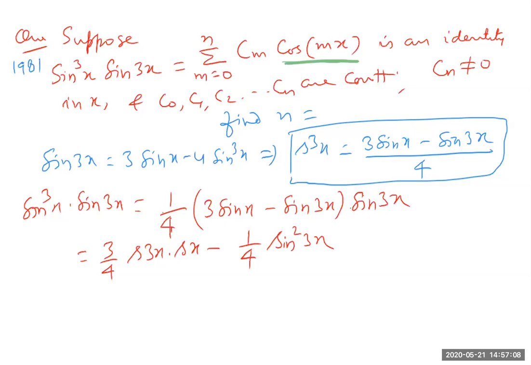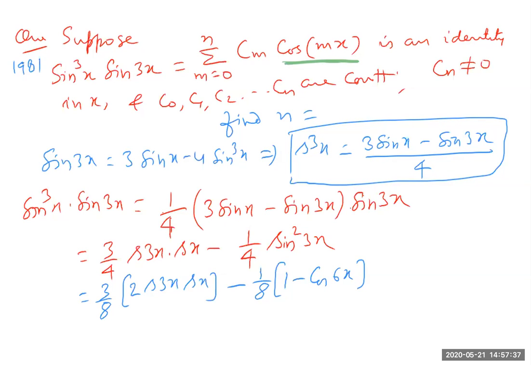Again, square is there. This I have to remove. So again, multiply with 3 upon 8, because all my terms must be in terms of cos. So 2 sine 3x sine x minus 1 upon 8 into 2 sine square 3x. 2 sine square x is 1 minus cos 2 theta. So 1 minus cos 6x.